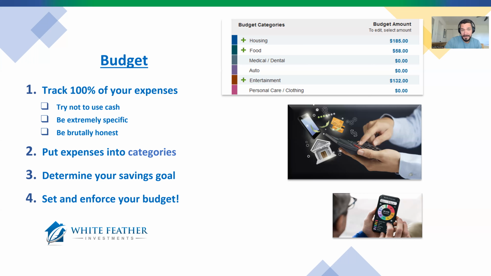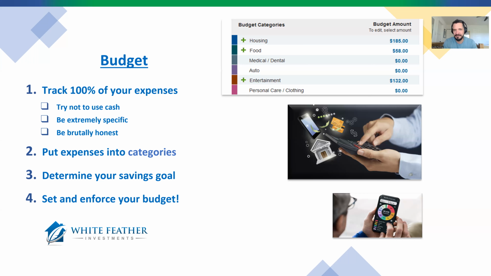So first, you have to track 100% of your expenses. Like I said before, try not to use cash. The reason is because cash doesn't leave an electronic trail. So if you use cash for everything, you won't have any idea what you spent it on unless you manually write it down or you have a photographic memory. But I would recommend trying not to use cash.